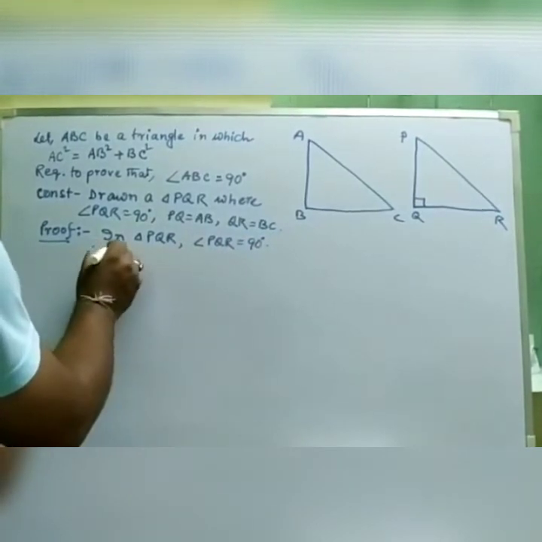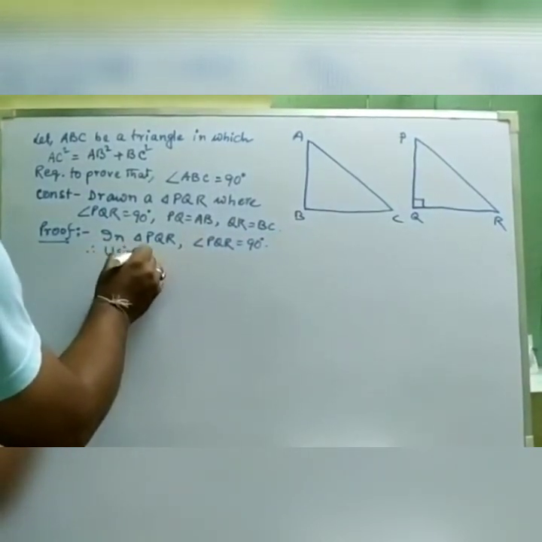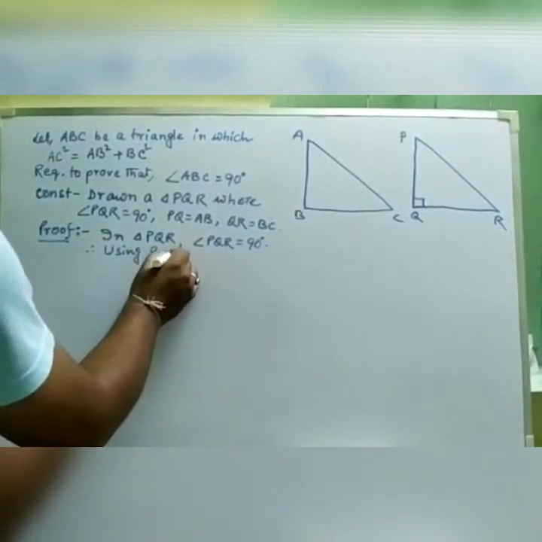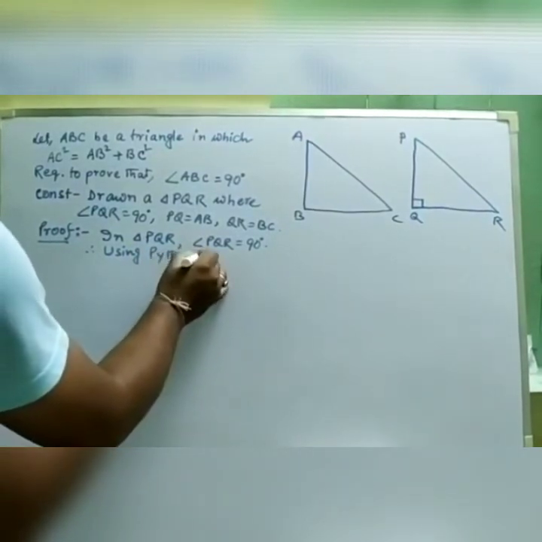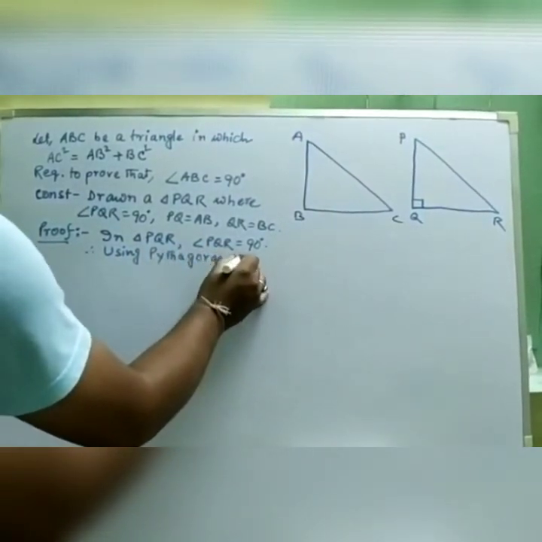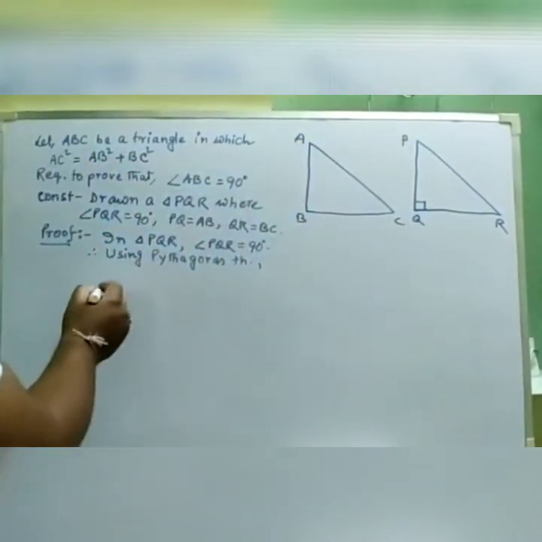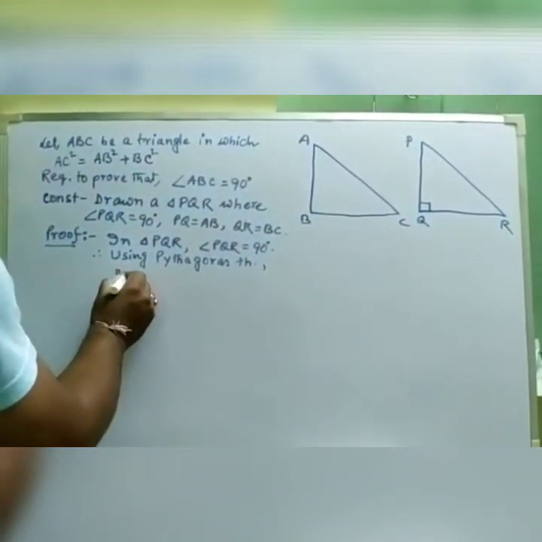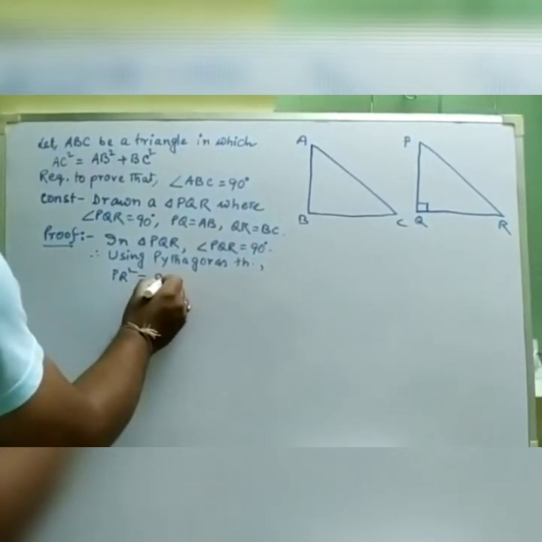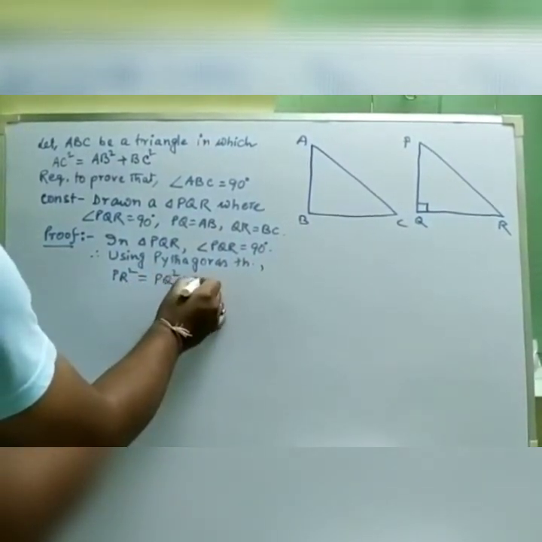Therefore, using Pythagoras theorem, the hypotenuse will be the opposite side, that is PR square equals PQ square plus QR square.